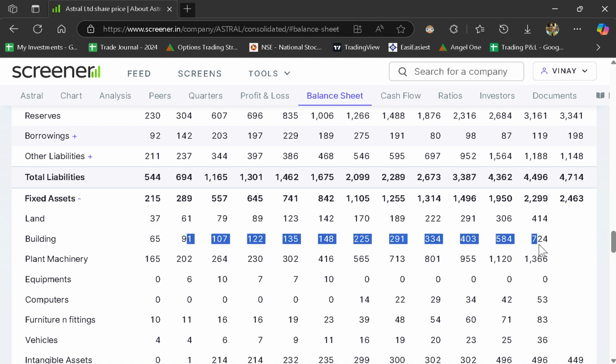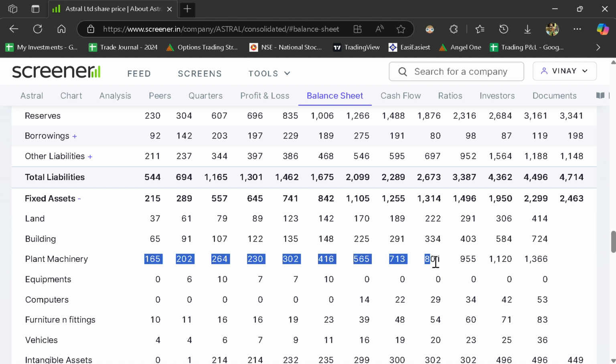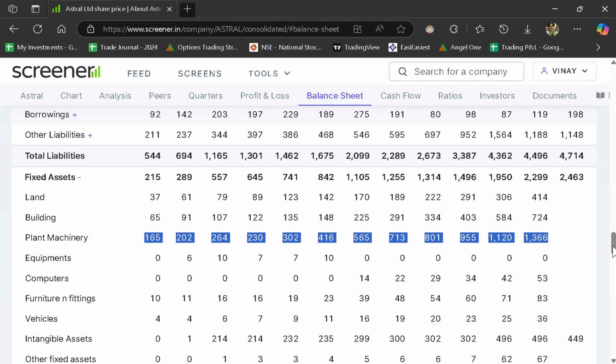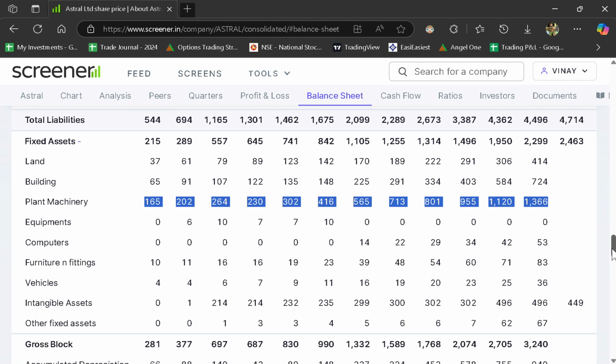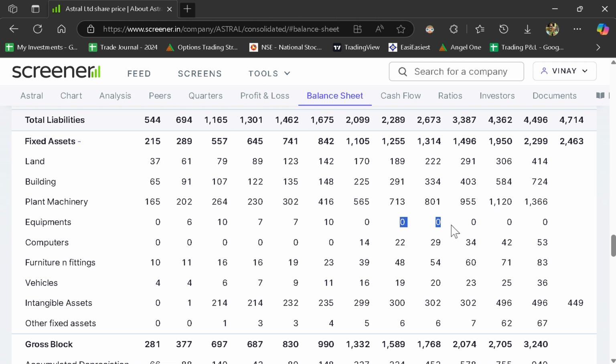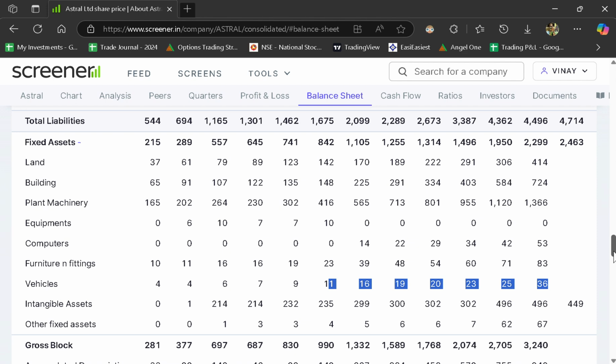Building also, they are building new plants or new plant buildings. Plant machinery they are buying new. That means they are expanding the business in different verticals. Equipment cost as of now zero. Then the computers, they have purchased new computers, furniture and fittings, vehicles. They must have bought new vehicles for conveyance of the staff.